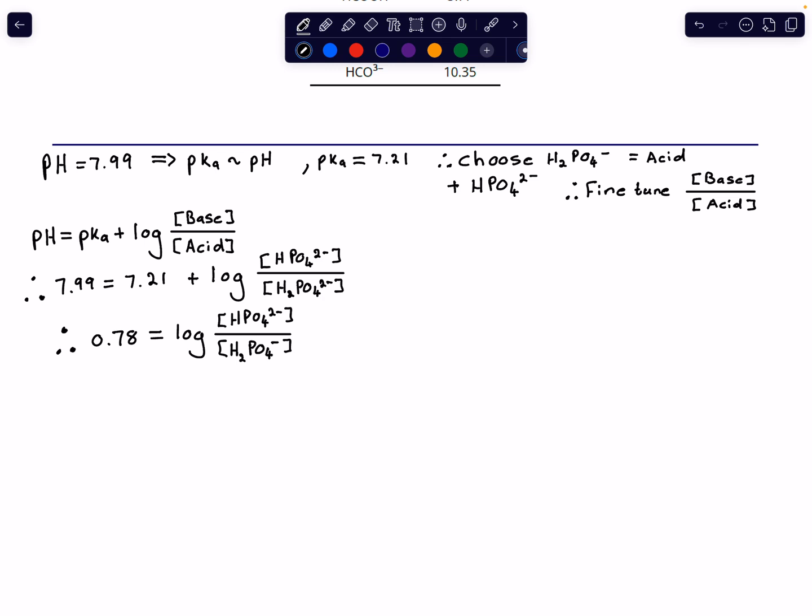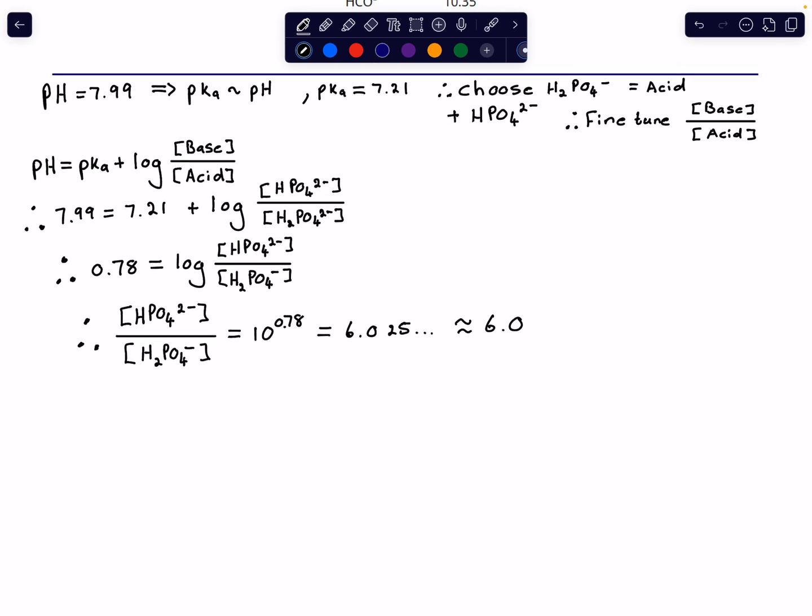So let's continue solving for the ratio. Our ratio of HPO4 2 minus divided by the concentration of H2PO4 minus must be equal to 10 to the power 0.78, which is equal to 6.025 and so forth. We can round that to a ratio of about 6.